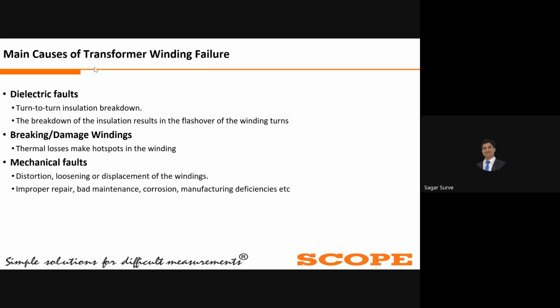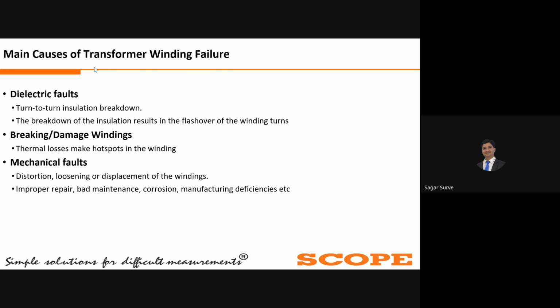If the turns get shorted, then there is a change in the transformer performance parameters also, and the breakdown of the insulation results in flashover of the winding turns. Means if there is an insulation breakdown, then the turn will get shorted and we can observe flashover also, which will create a hotspot inside the transformer.